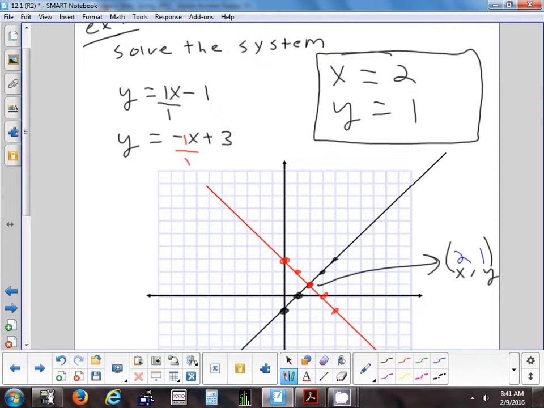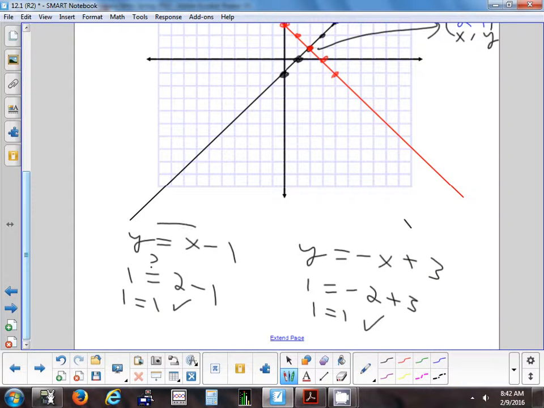If you just gave me this first one, y equals x minus 1, I could give you a million points that work. 7, 8. 8 minus 1 is 7. 10, 11. 13, 14. 15, 16. Any of those numbers would work in the first equation, but the trick is they have to work in the second one too.